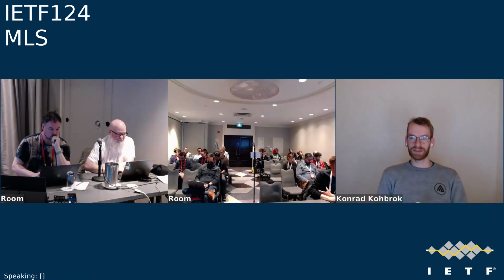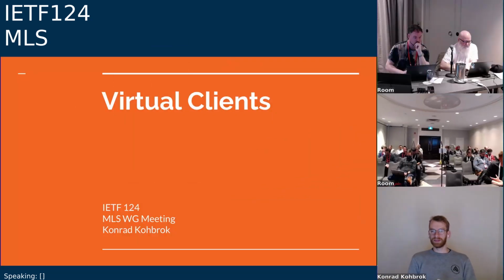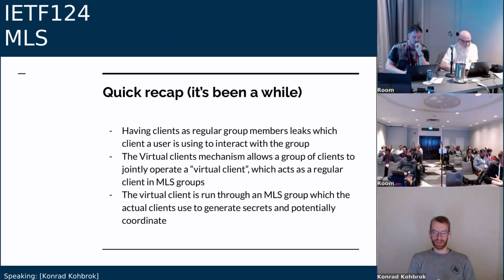So virtual clients is up next. Okay. This is a bit of a bigger one, as I just sketched. If you want to have multiple clients that are associated with the same entity, and the most common example is you have a user that has multiple devices, then the easiest option is to just have each of these devices be its own leaf in an MLS group.